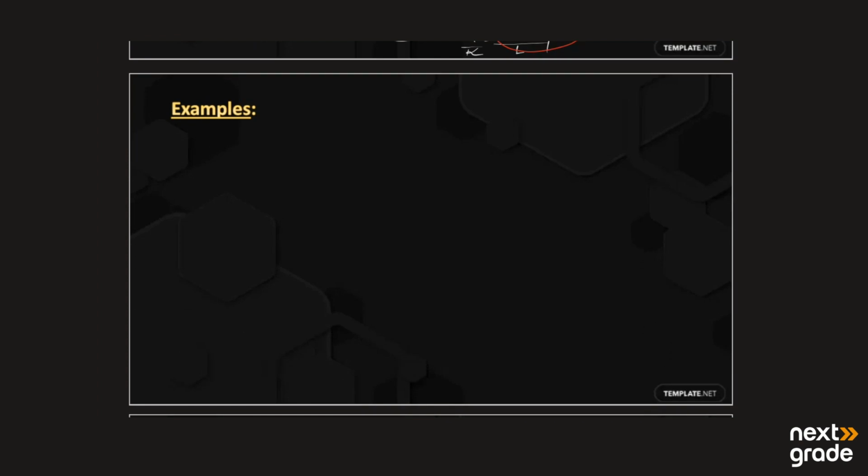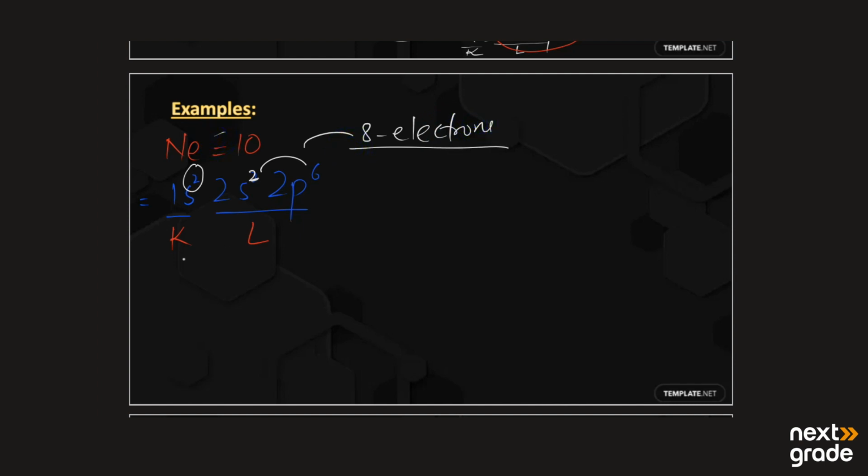For example, we have neon. Its atomic number is 10. Its electronic configuration is 1s2, 2s2, 2p6. In the first shell it has 2 electrons, and in the second shell it has 2 plus 6, total 8 electrons. This means it already has 8 electrons, and neon is from group 8A, the noble gases.